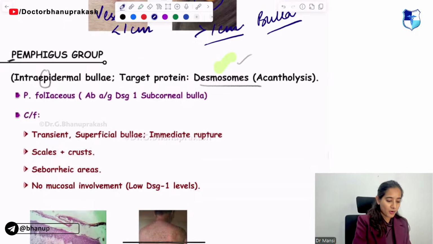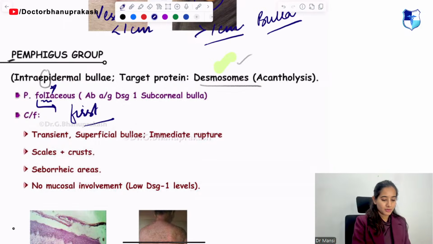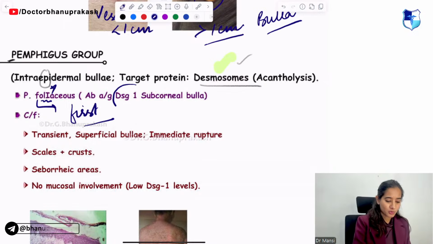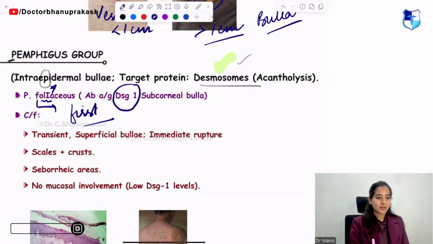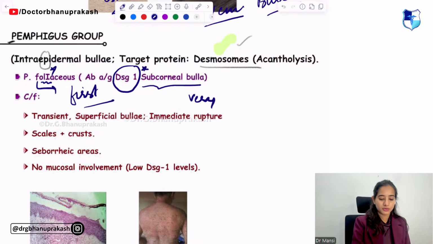Fine. The foliaceous variant has an I in it. I or F can remind you of the first one. So what is this first? Desmoglein 1. The antibodies are against desmoglein 1, which is going to produce a subcorneal bulla. This bulla has a very thin roof.